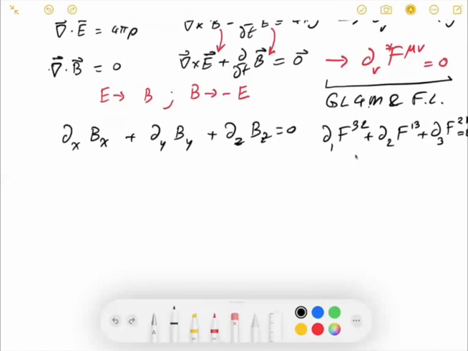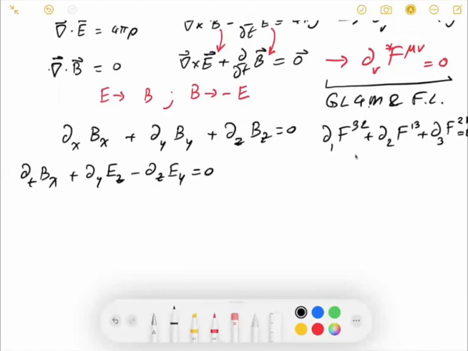Now let's look at the next one. So we have del t Bx plus del y Ez minus del z Ey is equal to 0.